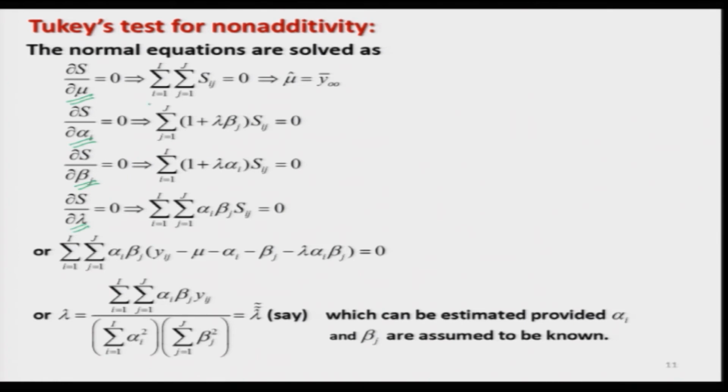When I partially differentiate S with respect to mu, there is no problem, and I get mu hat equal to y bar_00. So, I can estimate mu without any issue.